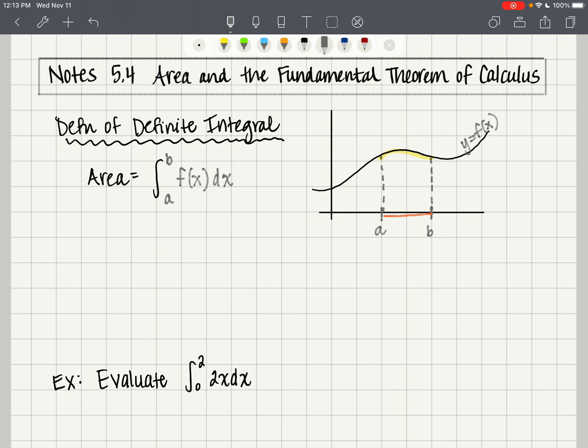So let me show you this area right here. This area is equal to the definite integral evaluated from a to b of f of x dx.